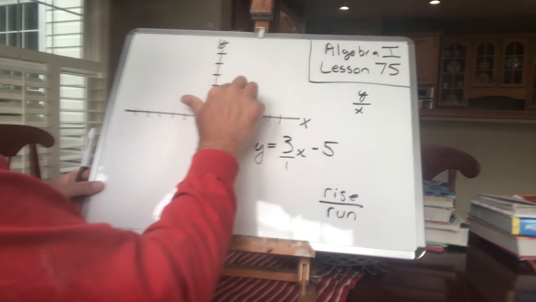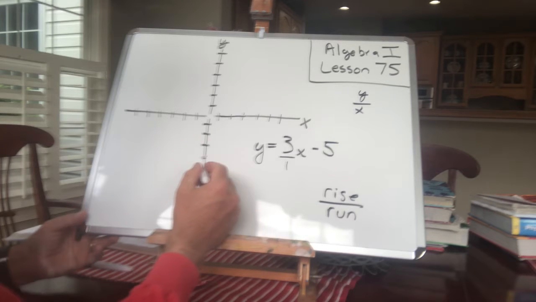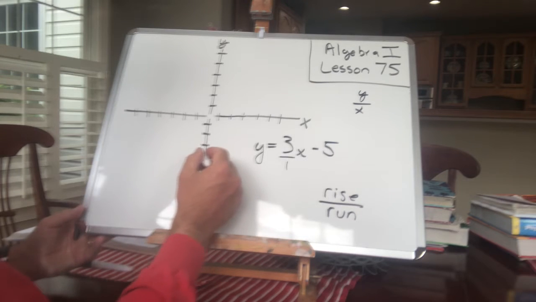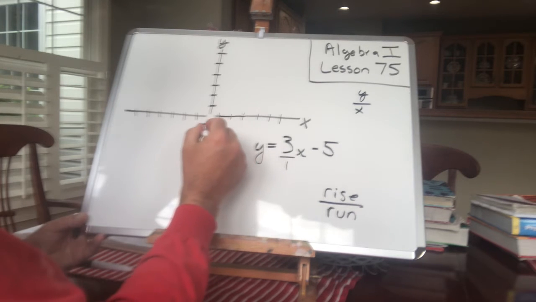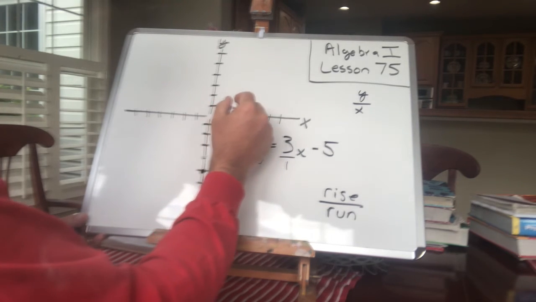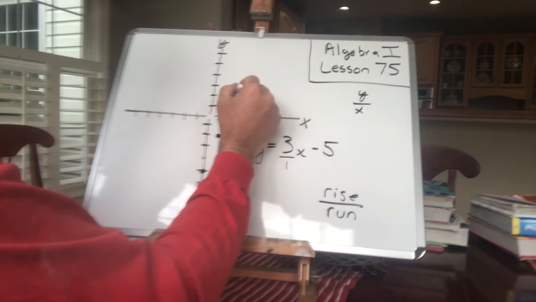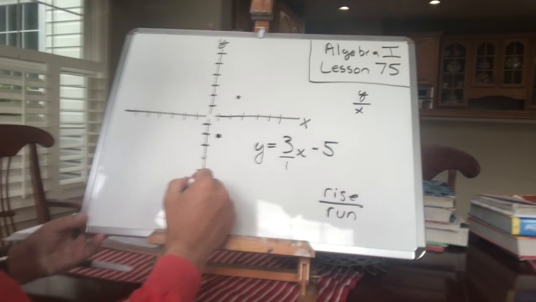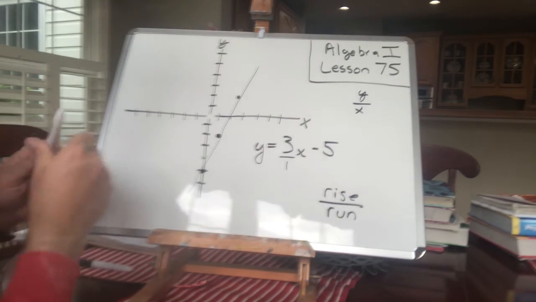Now, in this equation, my intercept is at -5. So the rise is going to be 1, 2, 3, and over 1. So it's going to be at 2 right there. This line is going to have that kind of trajectory.